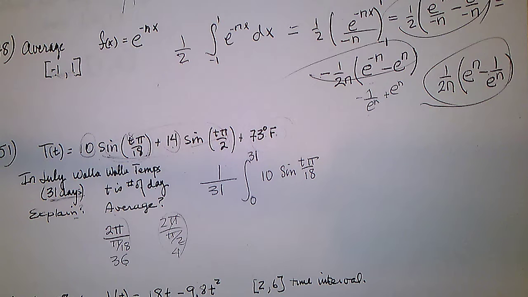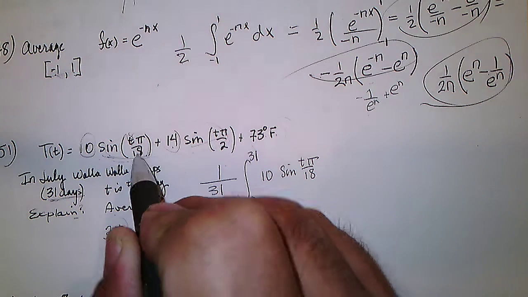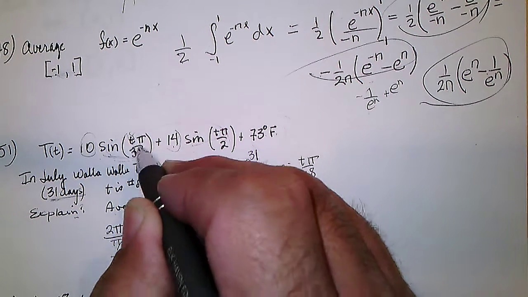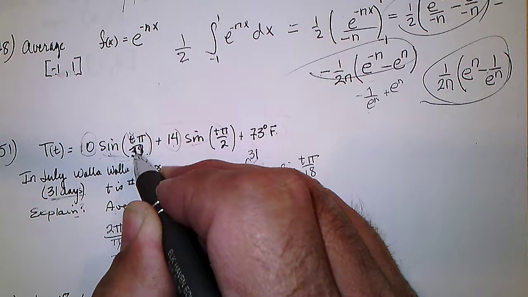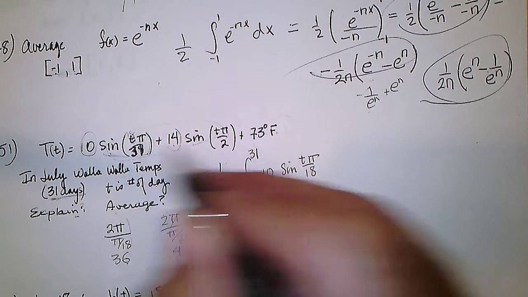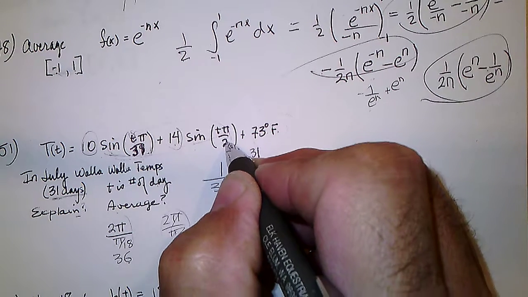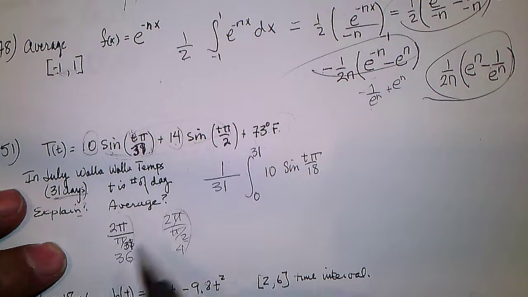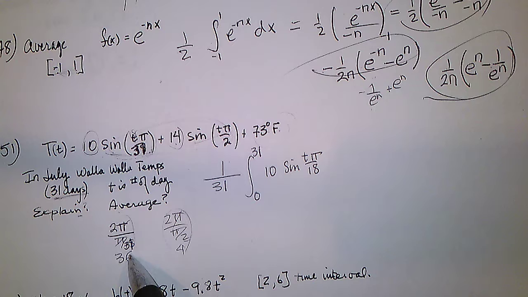Let's see if I can find that. Oop, I did copy it wrong. It's over 31, and this one is over 2. 31. I don't know where I got that other one. So the pi's cancel. That's 62.